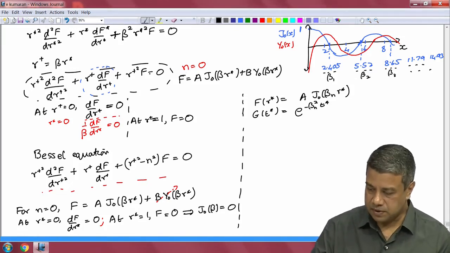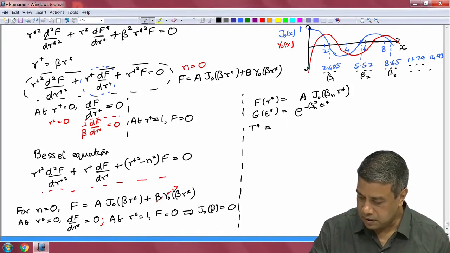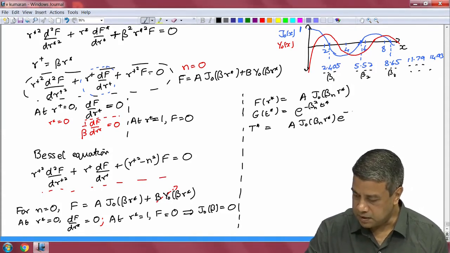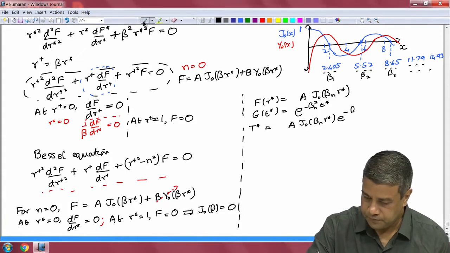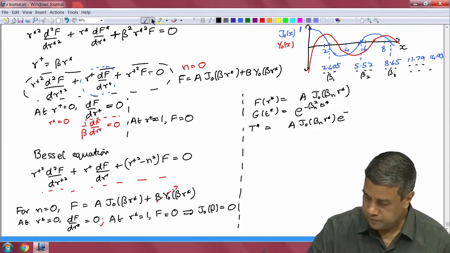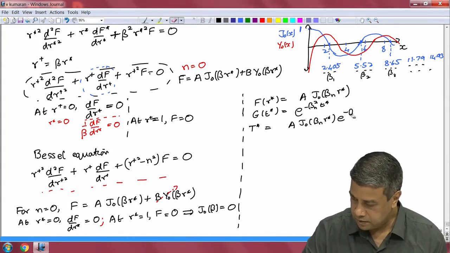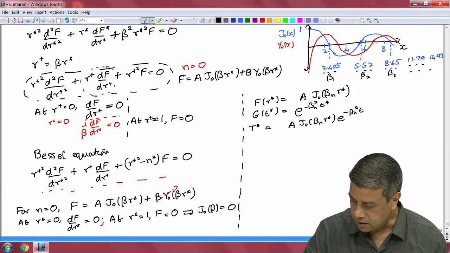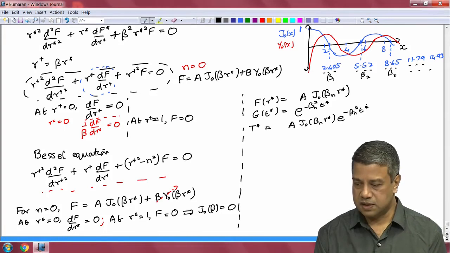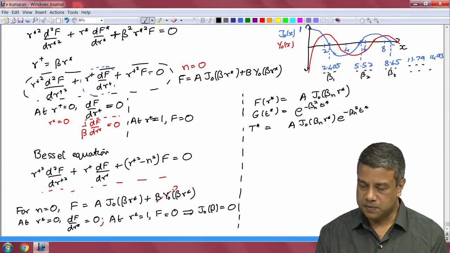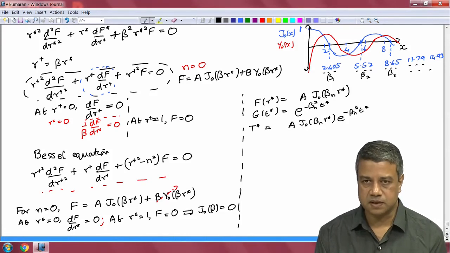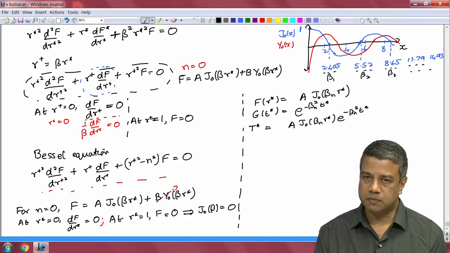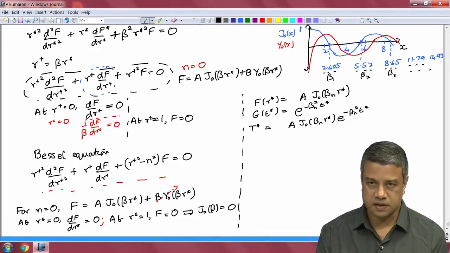And therefore the total temperature field T star is A J0 of beta n r star times e power minus beta n square t. That is the solution that satisfies the spatial boundary conditions as well as the equation. If you substitute this into the equation, I get minus beta n square on both sides, so it satisfies the equation.